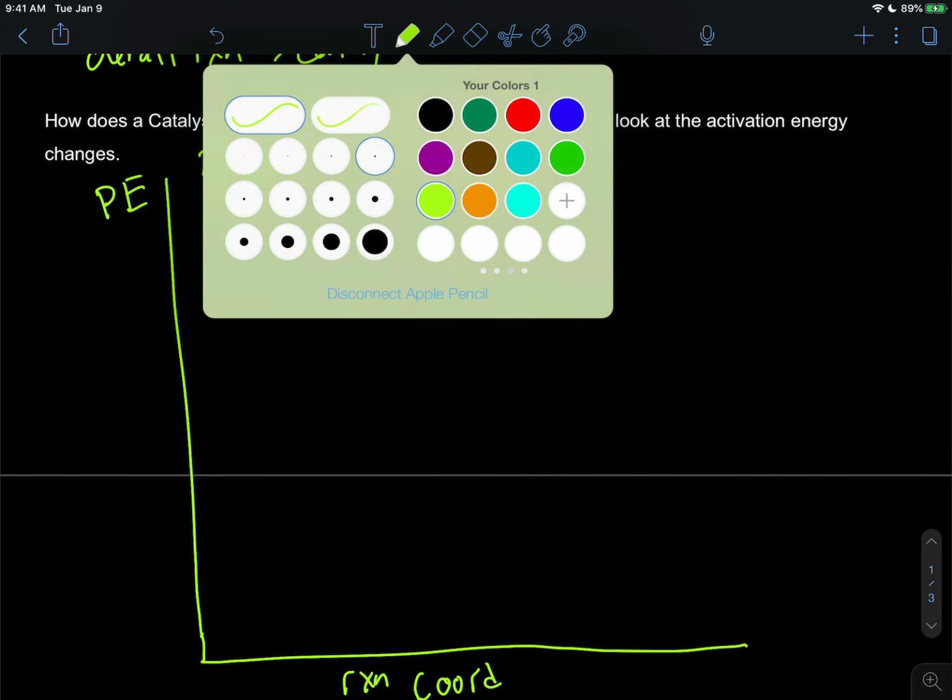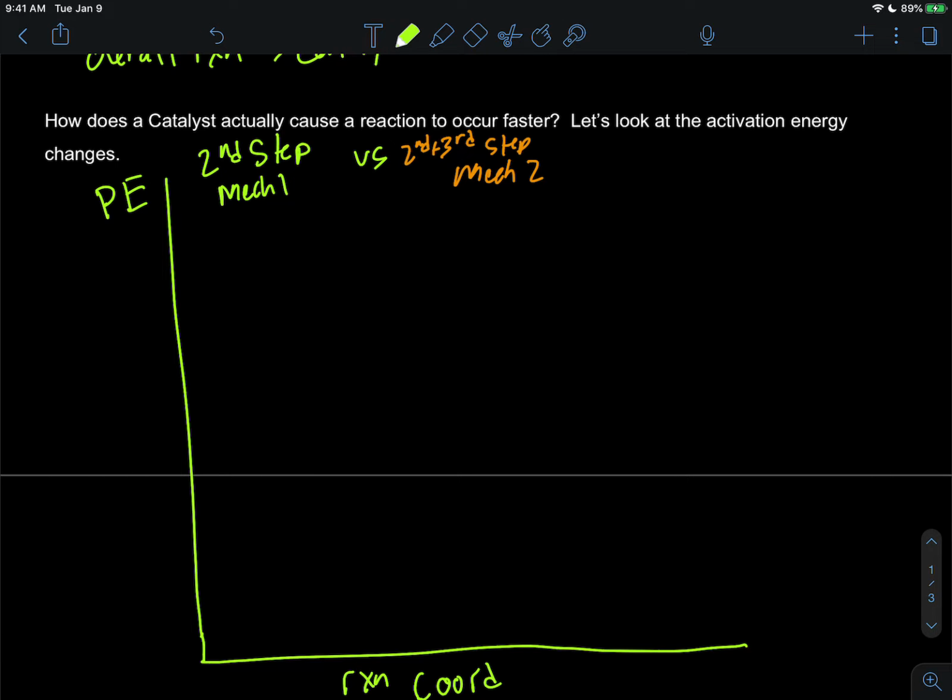So for our second step, we're going to have our reactants here, and if we look at our original second step in the first mechanism, it's going to be O3 and an oxygen atom, and it's going to have to go over some activation energy.